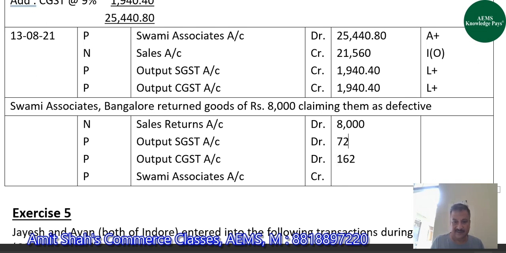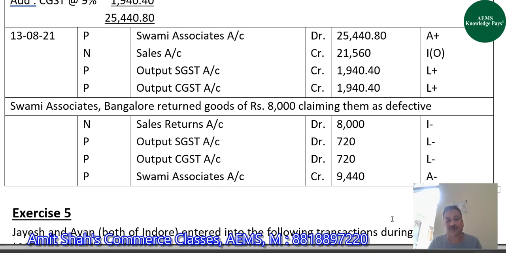I'm sorry, guys. It is 720 and 720. So total amount that we have to pay to Swami Associates is 9,440. This is decrease in our revenue, that is income. This is decrease in our liability. This is also decrease in liability, and this is decrease in our asset which we have to recover from Swami Associates.